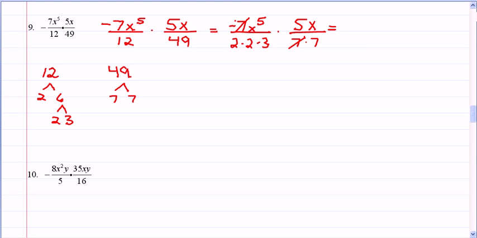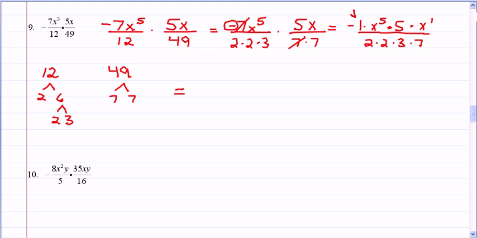and I'm left with this negative in the numerator of the first fraction, so it's negative 1 times x to the fifth times 5 times x to the first over 2 times 2 times 3 times 7. And I multiply the entire numerator together.